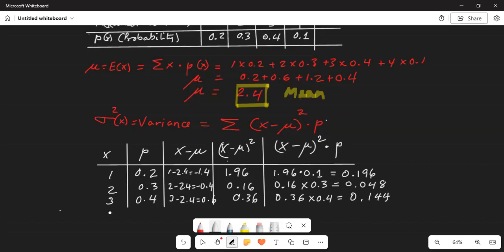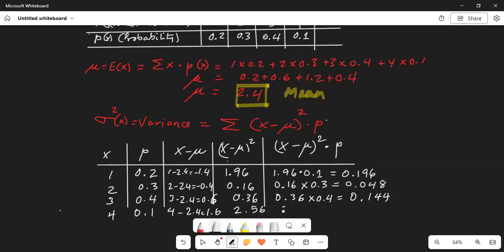And you do it for the last x value, which is 4. The corresponding probability is 0.1. 4 minus 2.4 is 1.6. Square 1.6, which is 2.56.